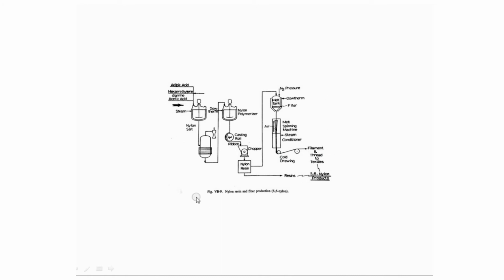So this is the way we make the ribbon of nylon, or the filament or thread of nylon, or we can also sell the chopped products of nylon to the market. So these are the 3 ways we can manufacture it.